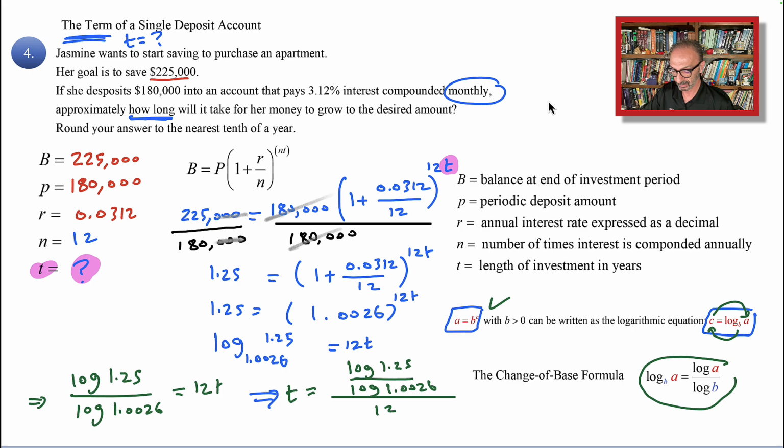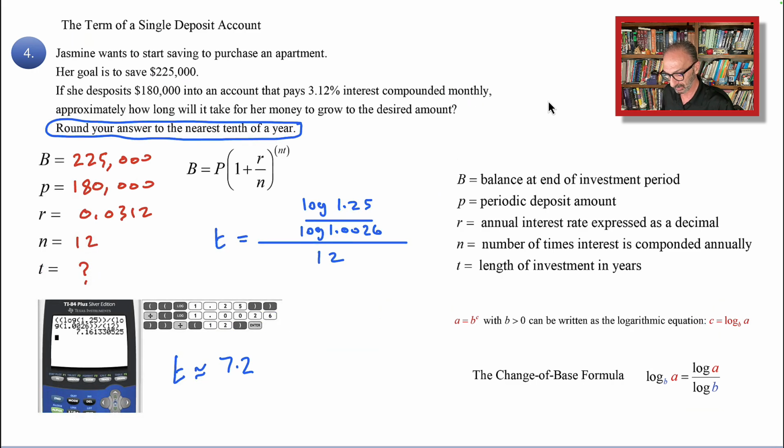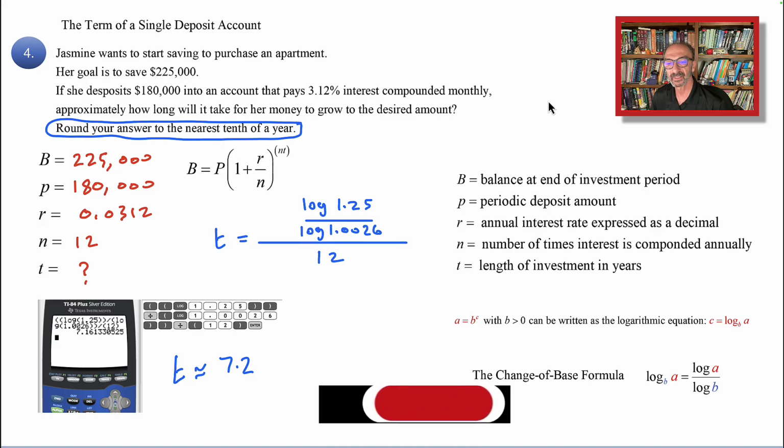Using the calculator, we could plug them in the calculator and we'll end up with about 7.2 years. It says round your answer to the nearest 10th of a year, and that's the answer, about 7.2. And that should do it.